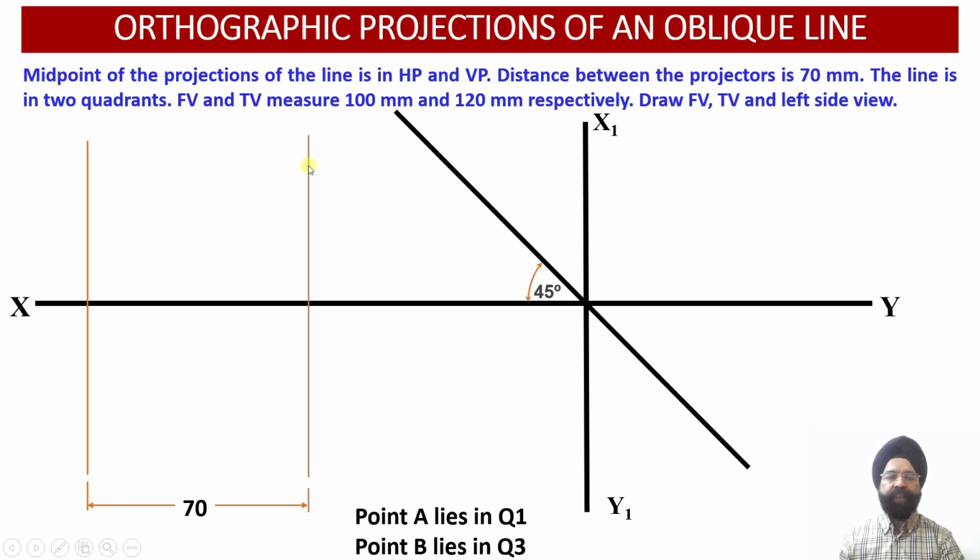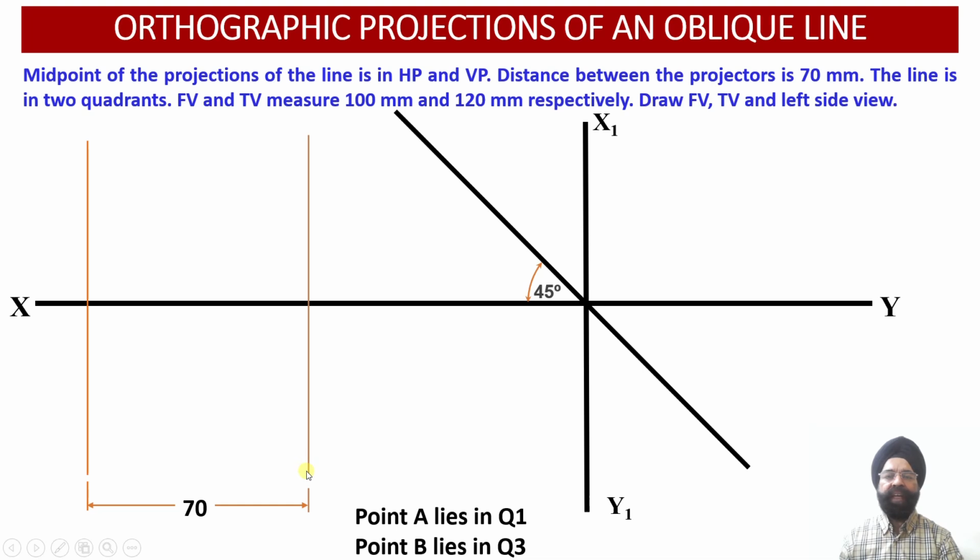On the second projector line, we are going to obtain the projections corresponding to the end B of the line. So A dash and A will be obtained along this vertical projector line, and the B dash and B projections corresponding to the end B of the line will be obtained on this second vertical projector.